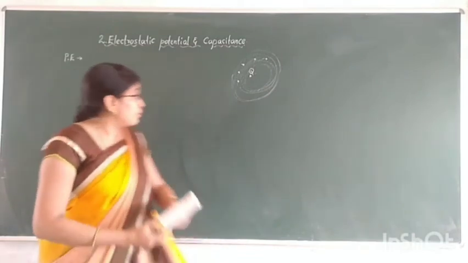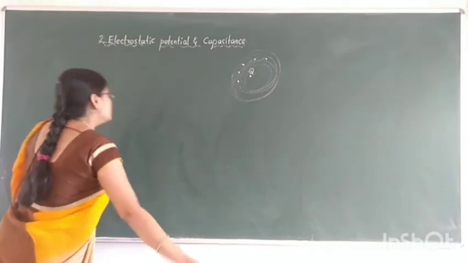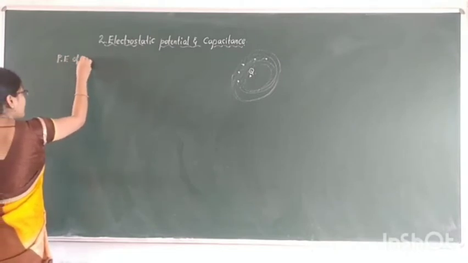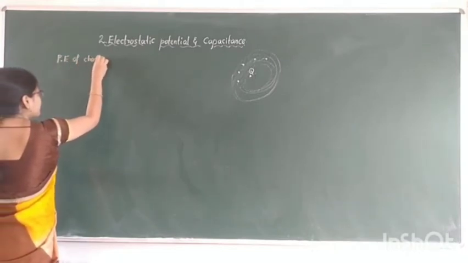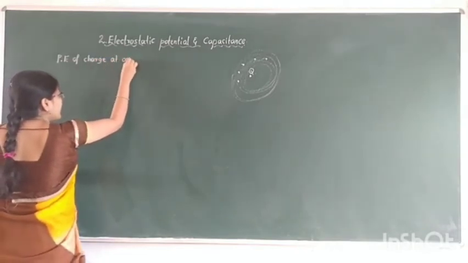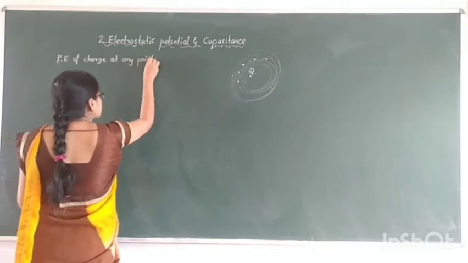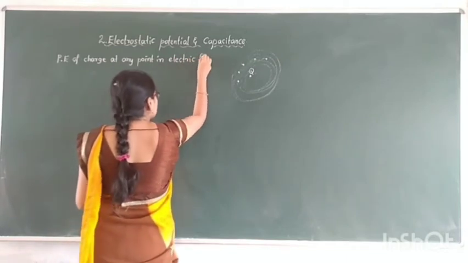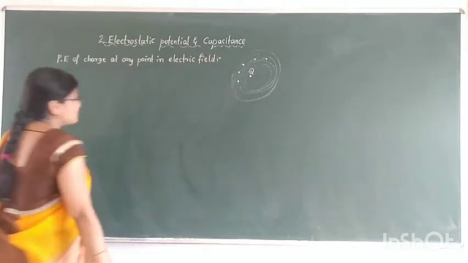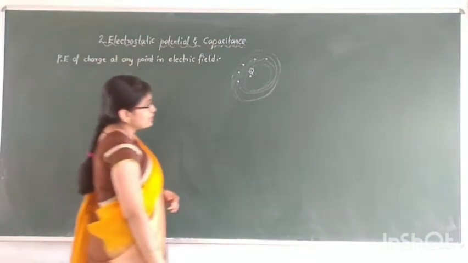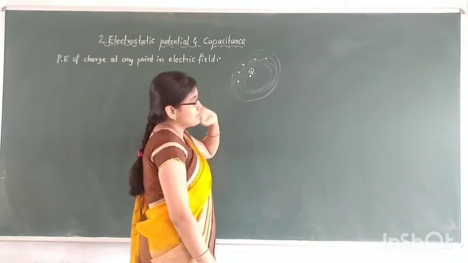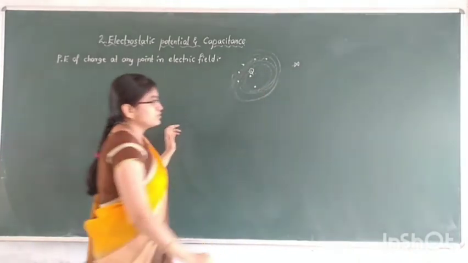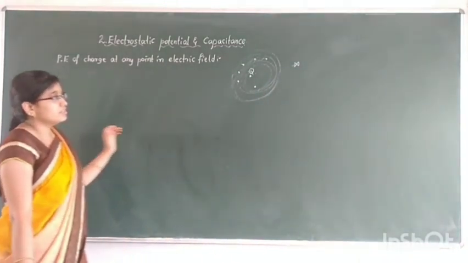So the potential energy of a charge at any point in an electric field is the work done in moving a charge from infinity to that point, against the electrostatic repulsion.